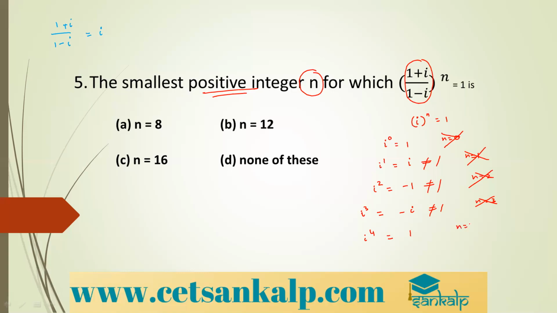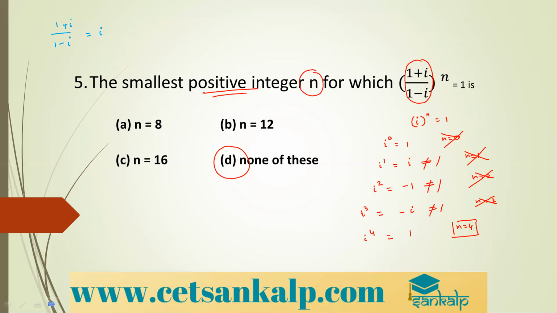That's why you can take n equal to 4. So n equal to 4 will be the least positive integer which we can take. But again, here n equal to 4 is not there. So you can go for none of these options.